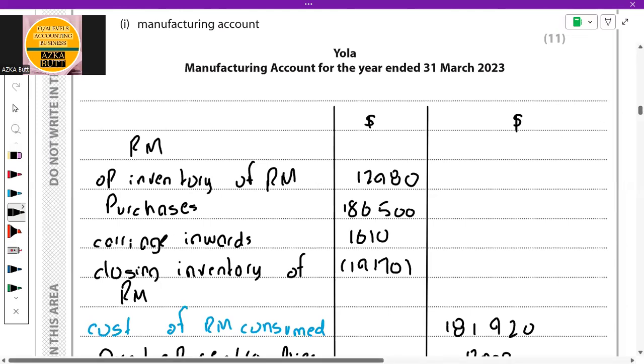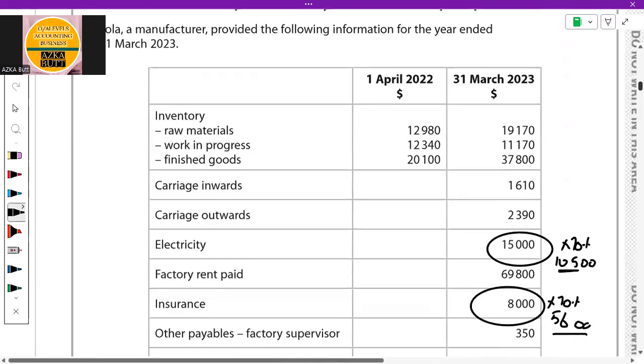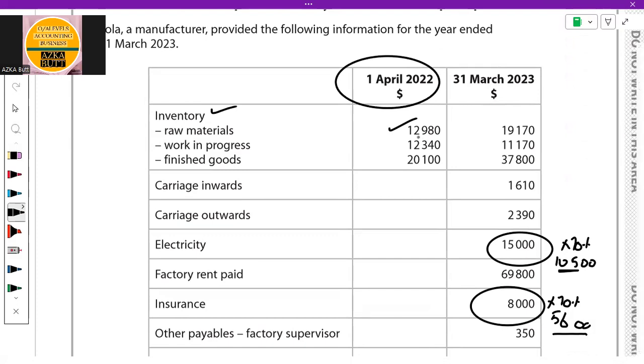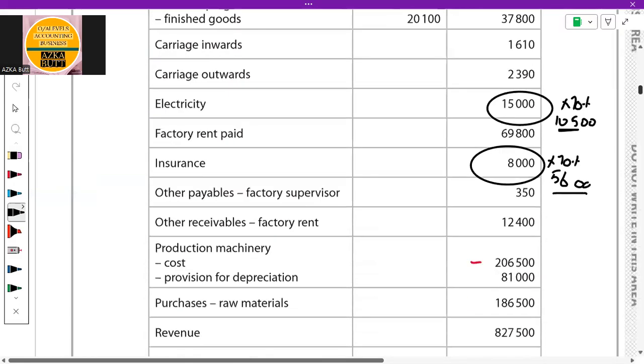As you can see, this is 12,980, our opening inventory of raw material for 1st April, and its closing inventory is 19,170.